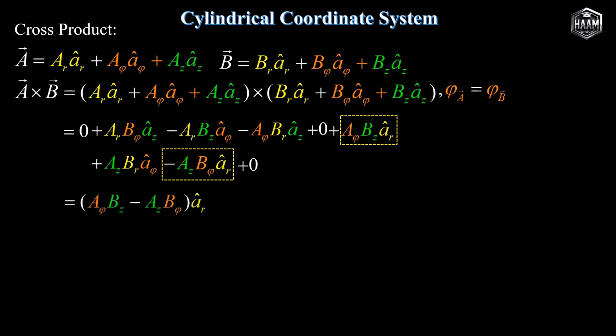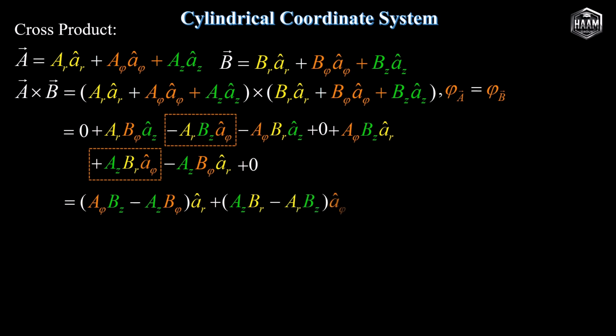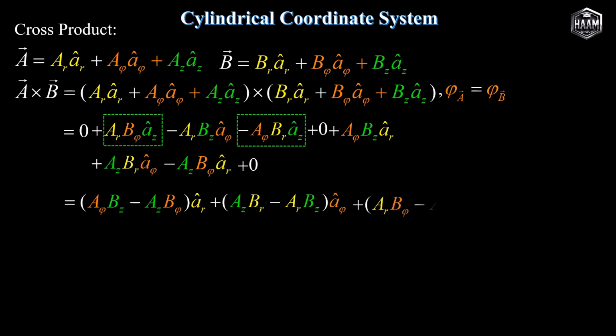Similarly, there are two components along unit vector A hat sub phi, so we factor out unit vector A hat sub phi. Likewise, two components lie along unit vector A hat sub z, where unit vector A hat sub z is factored out. This expression yields the complete vector cross product.